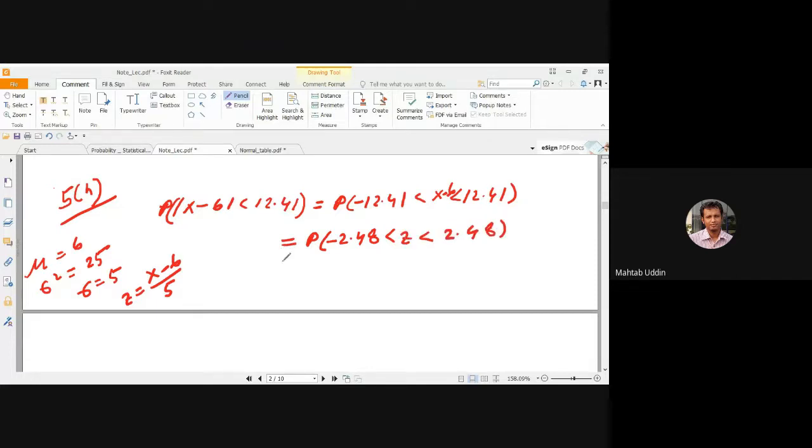Then as shown, you can write 2 phi of 2.48 minus 1. 2.48 has a probability 0.9934, minus 1, after solving 0.9868. Please have a look.